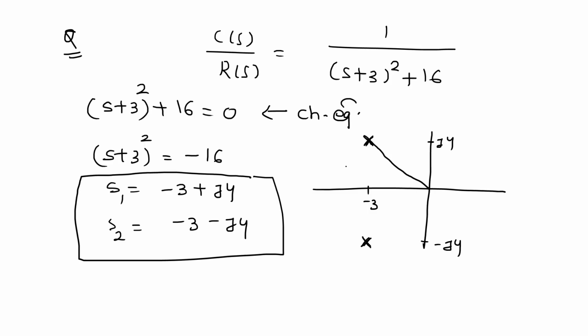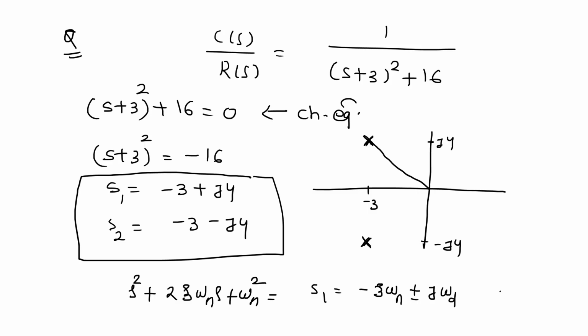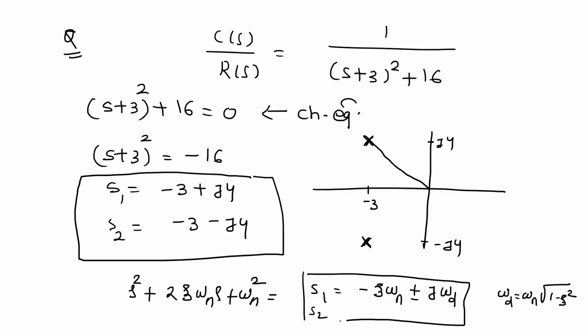If you solve the equation s square plus 2 zeta omega n s plus omega n square, you get two pole locations: s1, s2 equal to minus zeta omega n plus minus j omega d.